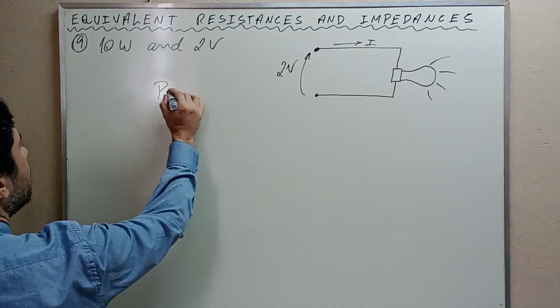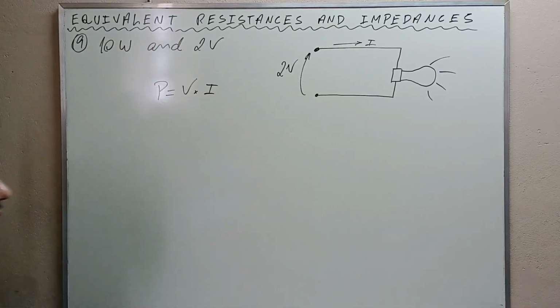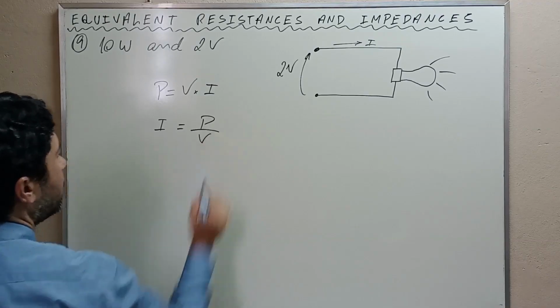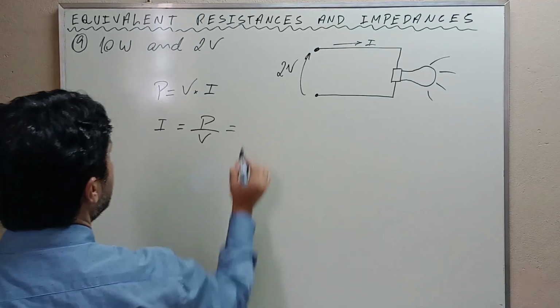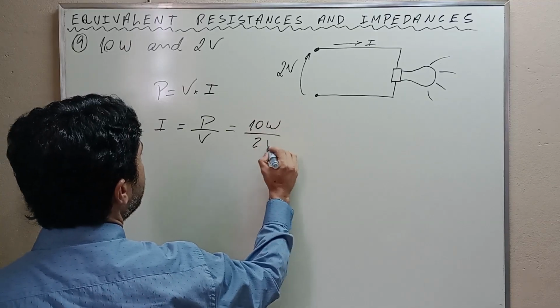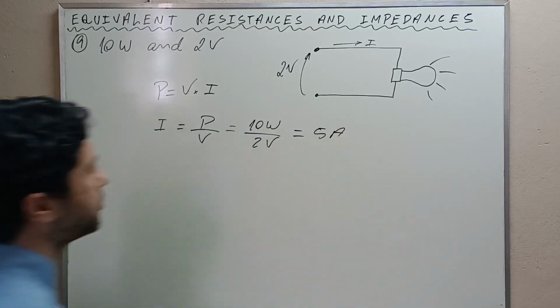Power is equal to voltage times current. Assuming that the impedance of the lamp is purely resistive, we find the current. The current will be equal to power divided by voltage, which is 10 watts divided by 2 volts, and we find 5 amps.